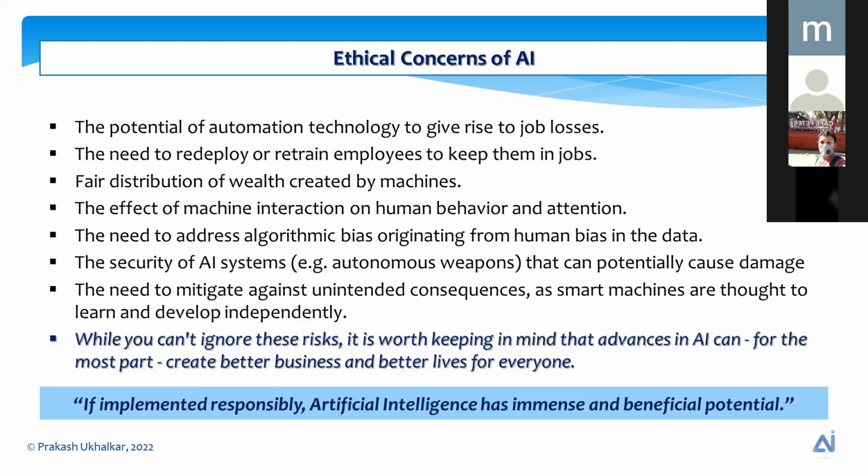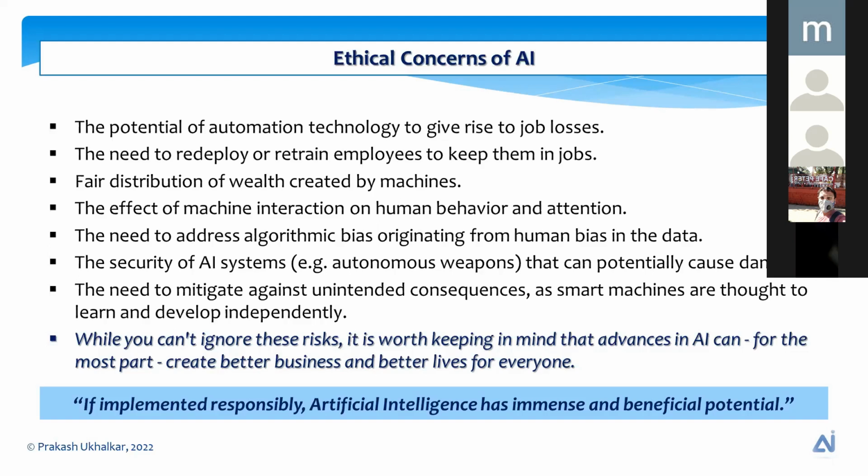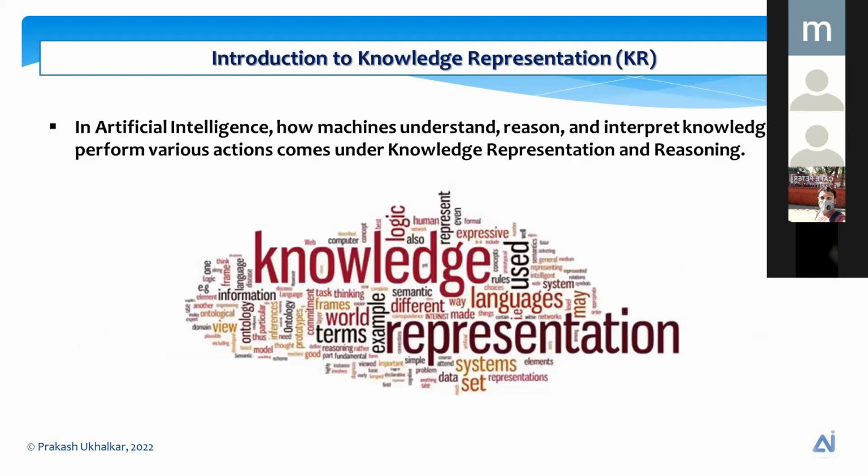So let me continue with a few slides on the remaining topics of knowledge representation. What is knowledge representation? Humans are good at understanding, reasoning, and interpreting knowledge. That is what we have been discussing since the beginning: human intelligence.